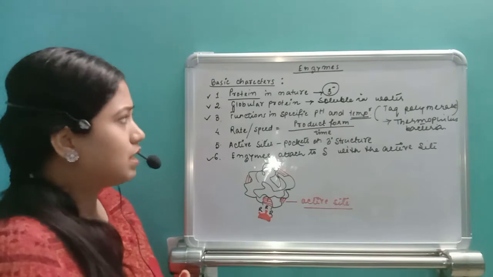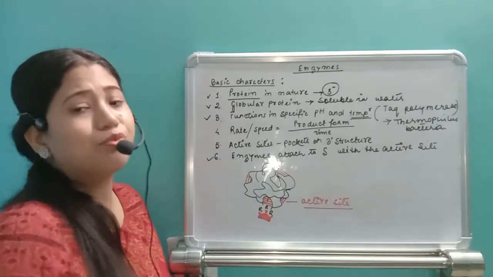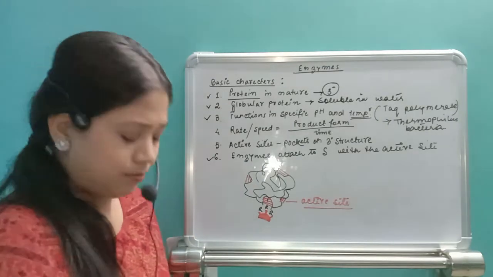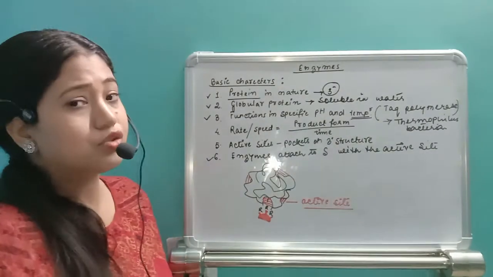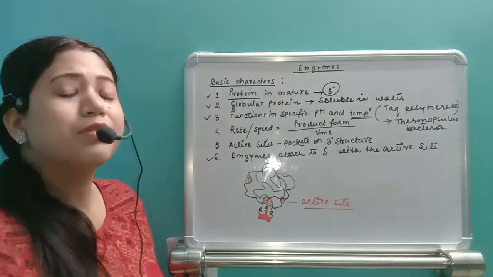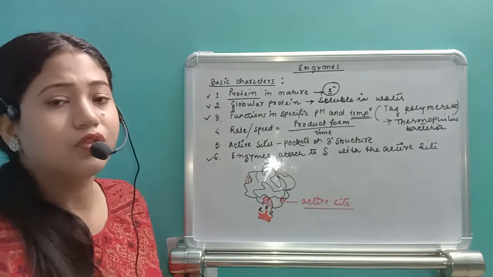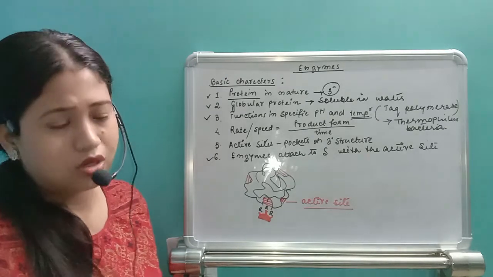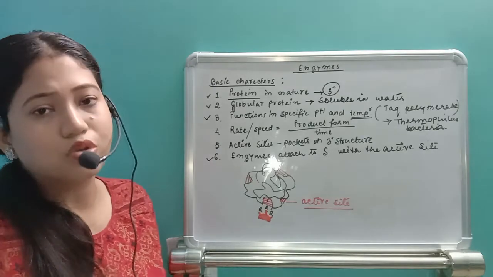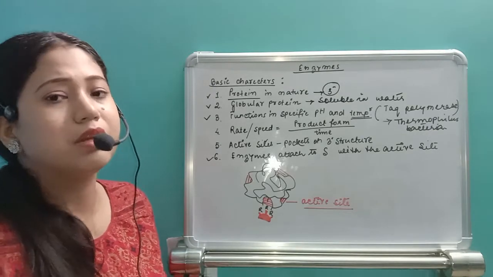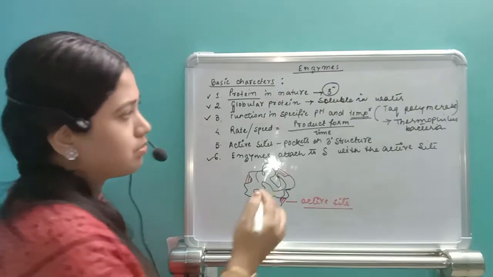I was telling you that enzymes are protein in nature. I told you already that there are RNA enzymes also. Some RNA enzymes are not protein in nature. Normally most enzymes are protein in nature, but sometimes it can be different. Some exceptions, as I am telling you.